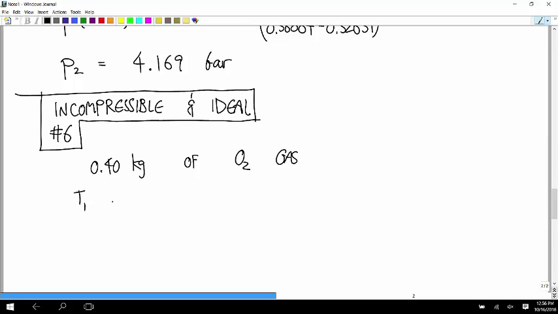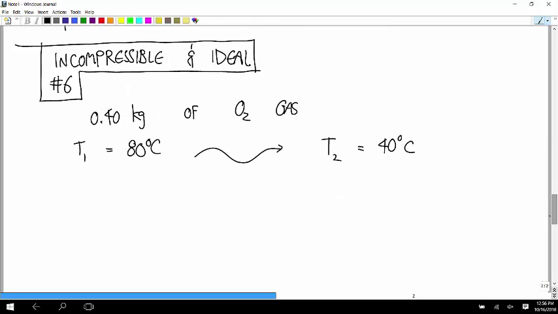It starts at a temperature of 80 degrees Celsius, and it expands until its temperature reaches 40 degrees Celsius. It's a polytropic process, so PV to the 1.25 is a constant.